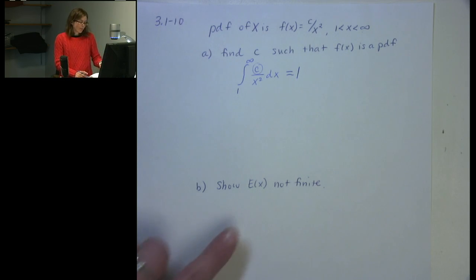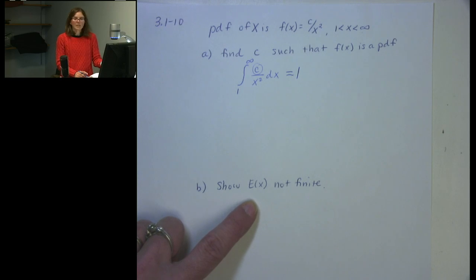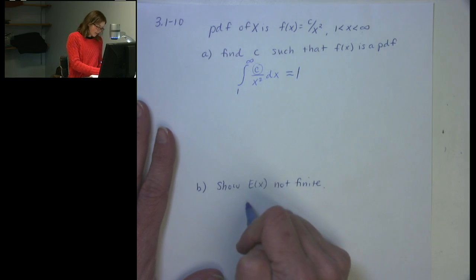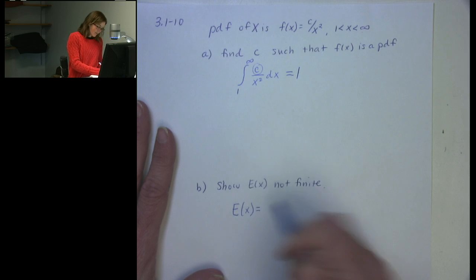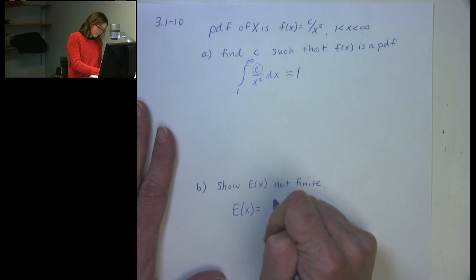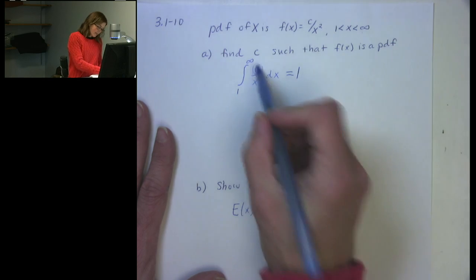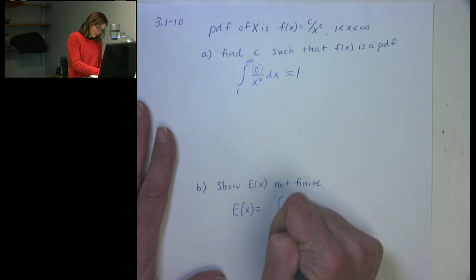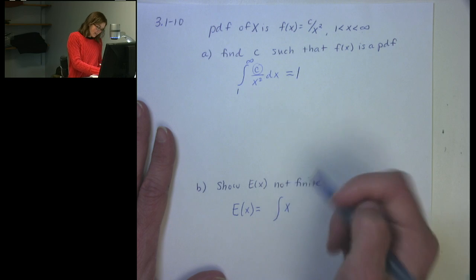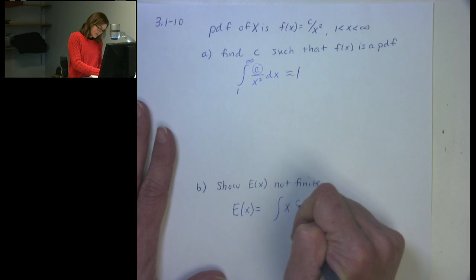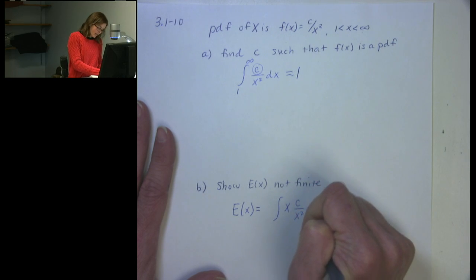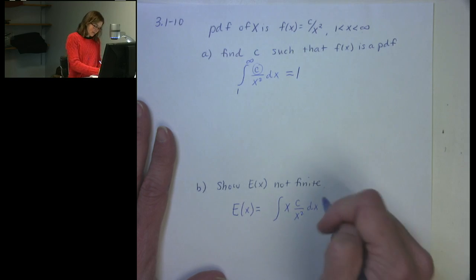And then when we look at the expected value of x, it asks us to show that it's not finite. What we should be doing when we're showing the expected value of x, remember, we've got a constant c, but we're going to be integrating x times c over x squared with respect to x.